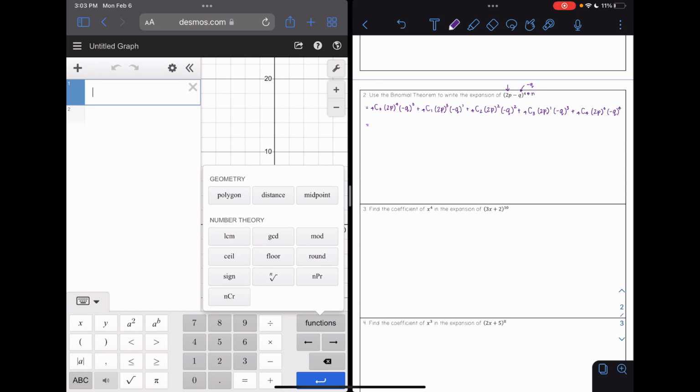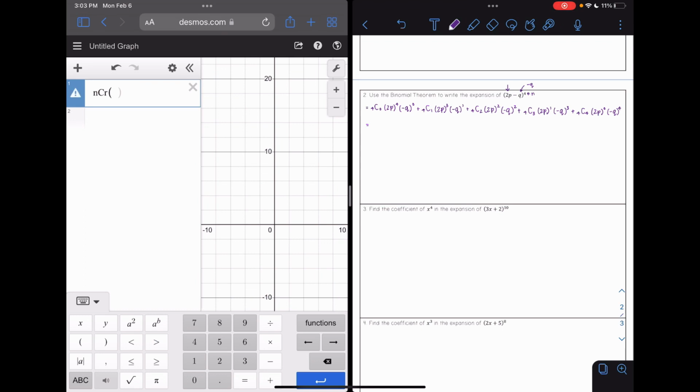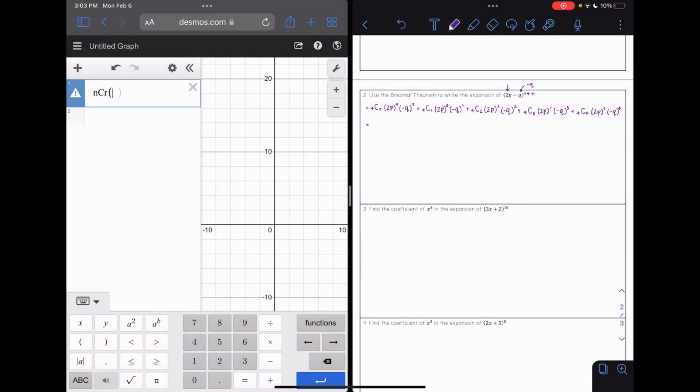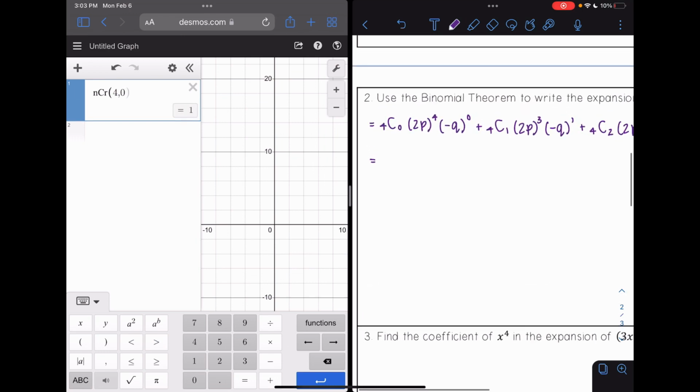So nPr, that's your permutation, nCr is your combination. So if you do that, you're just going to write in order the numbers you see. So here it's 4 and 0. So I'm going to do 4, comma, 0, and that tells me that that is equal to 1.